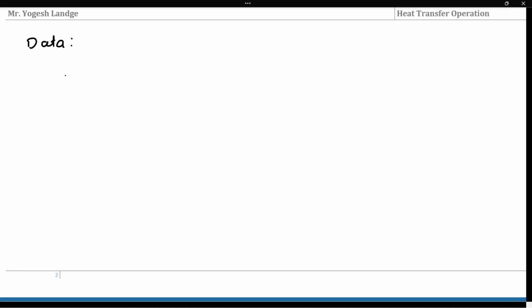Now we will move to the first case, case 1, which is pipe to surrounding. The heat losses from the pipe to the surrounding, that is, into the room.